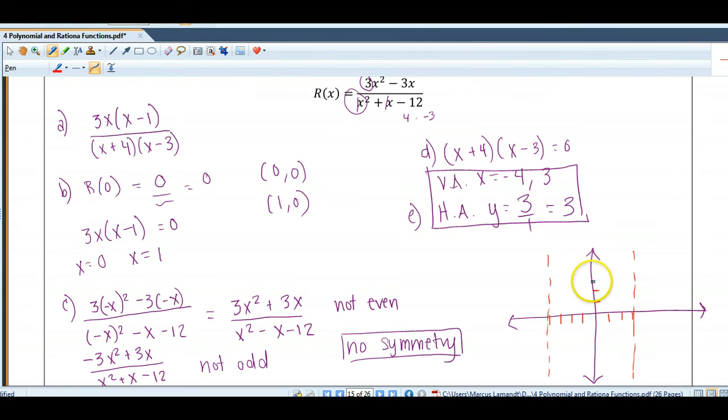Horizontal asymptote at 3. There are intercepts. Let's use purple again. Actually, let's use green. Intercepts at 0, 0 and 1, 0. Okay, let's pull out our calculators.